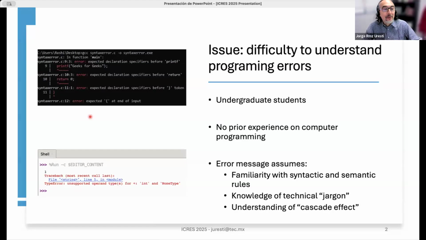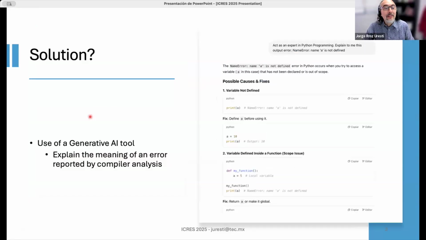We have tried this for several years, but now with these new tools that we have, these generative artificial intelligence tools like ChatGPT, for example, that tool is able to give you some explanations on this type of errors. For example, here I put a question that I asked.